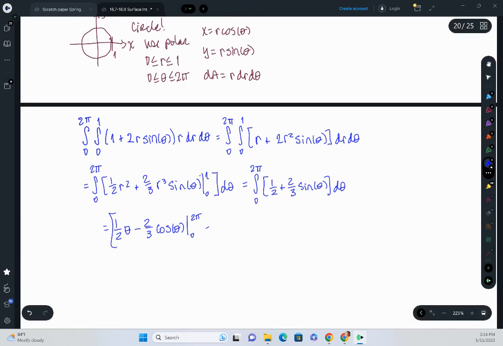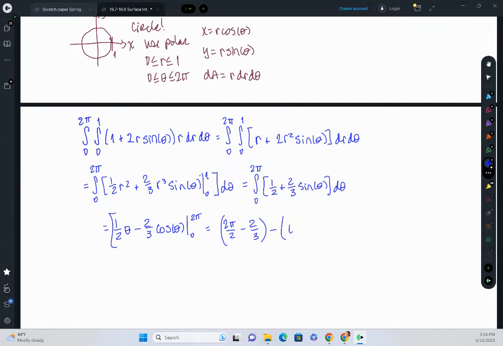The evaluation at 2 pi, I get 2 pi over 2 minus 2/3, because cosine of 2 pi is 1, minus the evaluation at 0, I get 0 minus 2/3, because cosine of 0 is 1. And it looks like those 2/3 are going to combine to give me nothing. I'm left with just pi for our final answer.